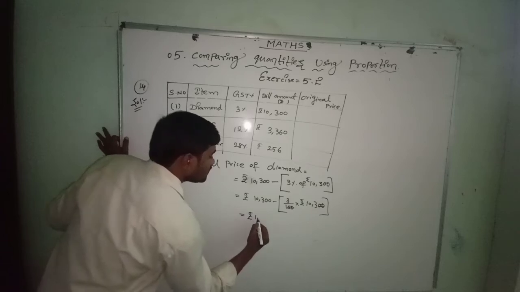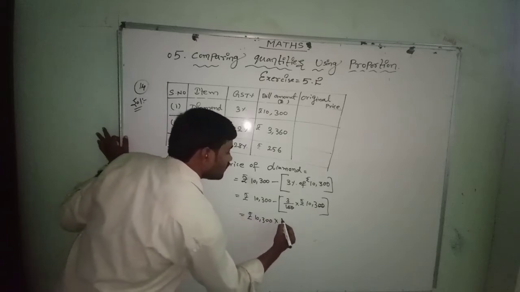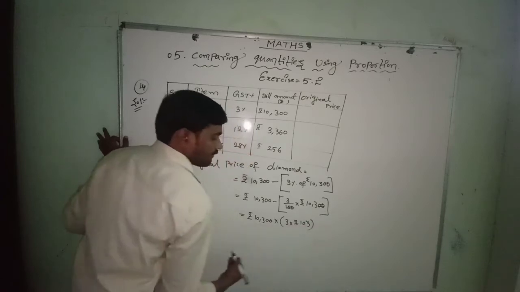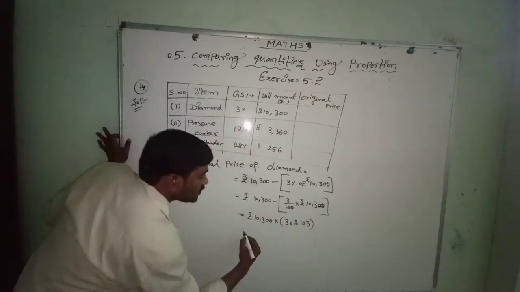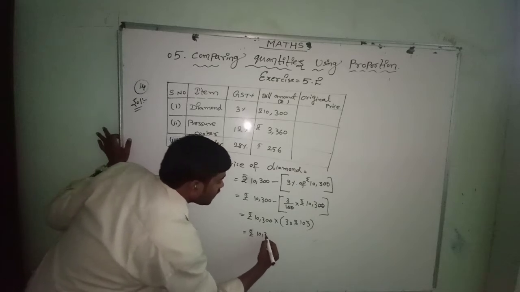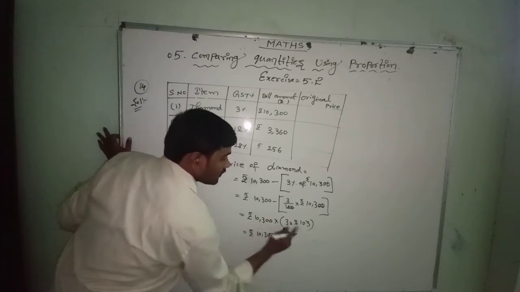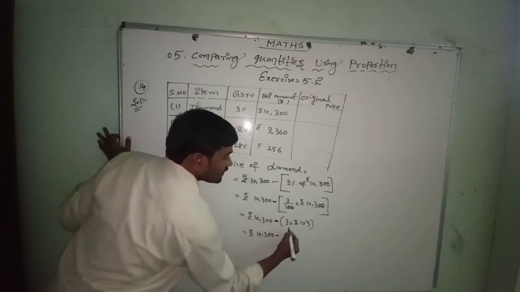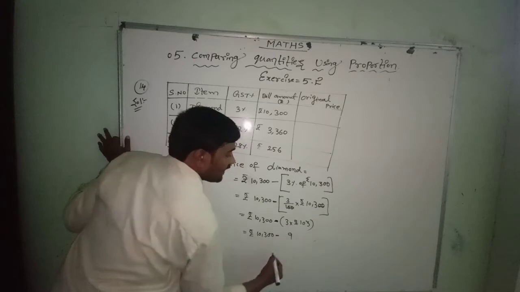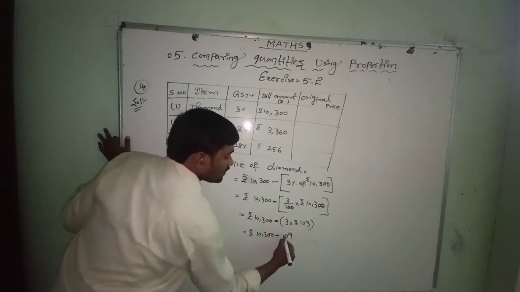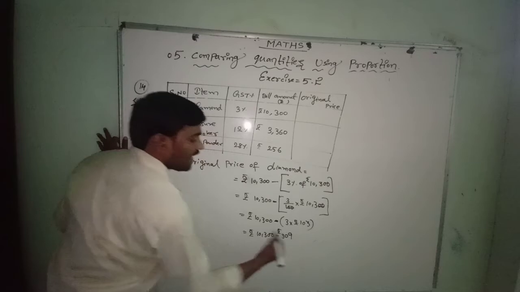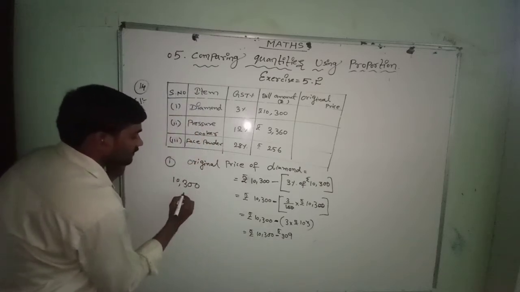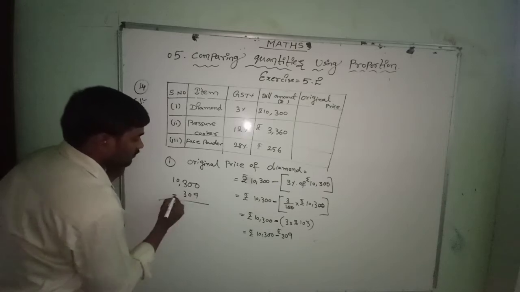Rupees 10,300, here 3 into 103. Sorry, it is subtraction, minus. So 3 3s are 9, 3 zeros are 0, 3 1s are 3. Rupees 309 will be less. So here 10,300 minus 309 rupees we have to subtract.